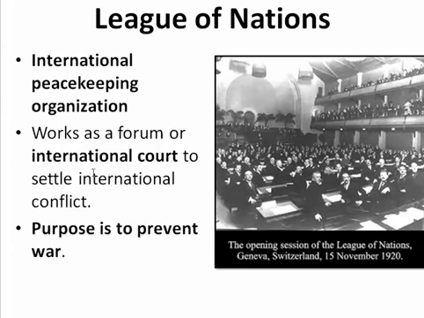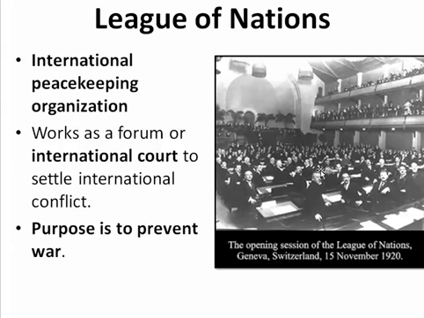So it basically works as an international court. All these people here are sitting in this international forum, and when any two countries have a dispute or problem with one another, they would take it before all the members of the League of Nations. These members are representatives from different countries.